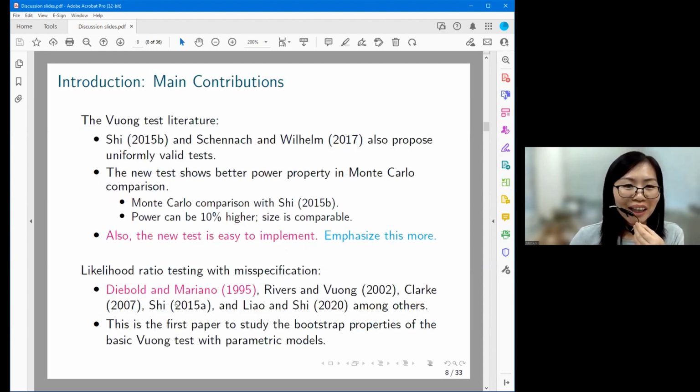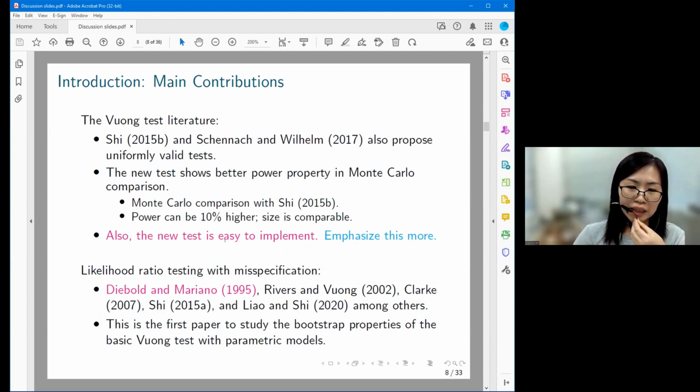Anyway, this is a brief overview of the literature. These other papers also propose uniformly valid tests which have good type 1 error probability. And this new test shows better power property in Monte Carlo simulations.